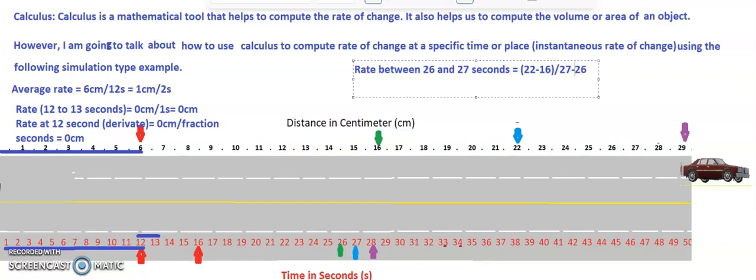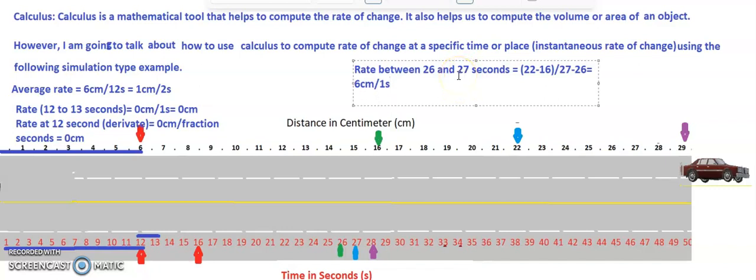Sorry for the calculator. Now go ahead and compute the answer. It's gonna give you 6 divided by 1. 6 centimeter divided by 1 second. This is really the average rate between 26 and 27 seconds.